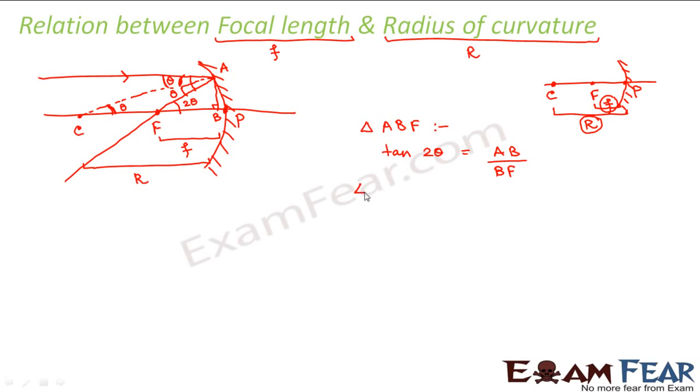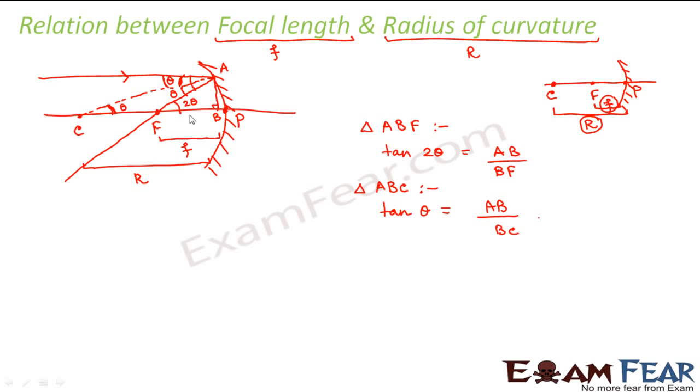So now let us consider triangle ABC. So in triangle ABC, you can say tan theta is equal to perpendicular, that is AB, divided by base, that is BC. Right? Now here in this case, we can see that theta is a very small angle, right? Because right now we are talking about the angle which the ray of light is making when it falls on a mirror.